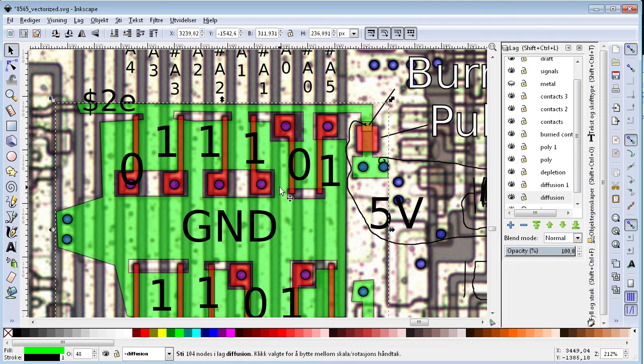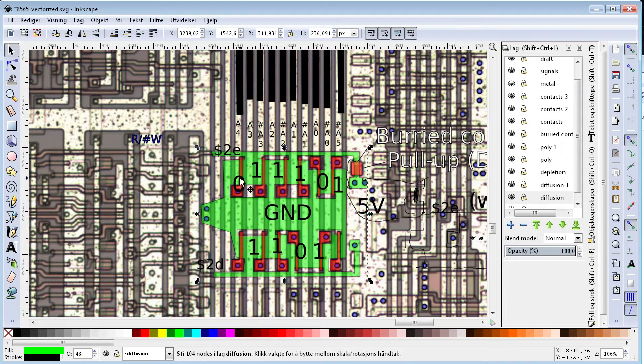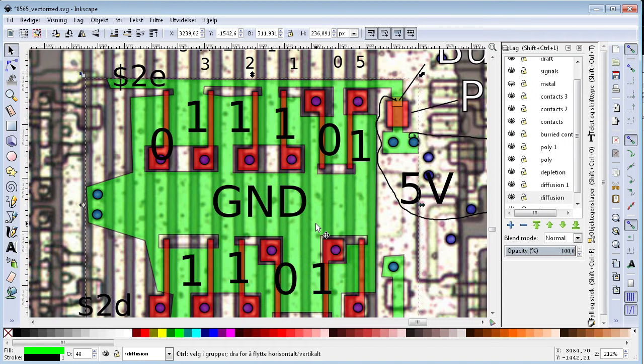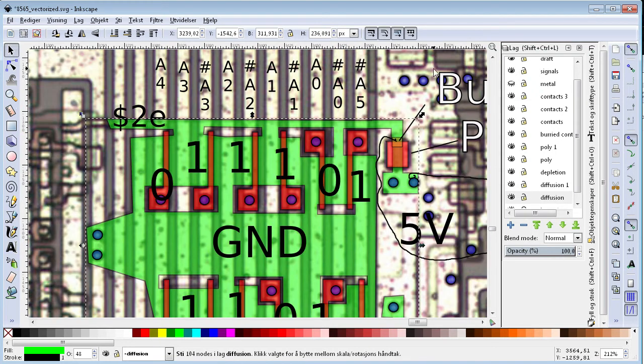And then on the other side you have ground, which is this line here. I have done a lot of work to find out where the ground is and where the 5 volt is and such. Now, this part here is 5 volt if none of these transistors are on.